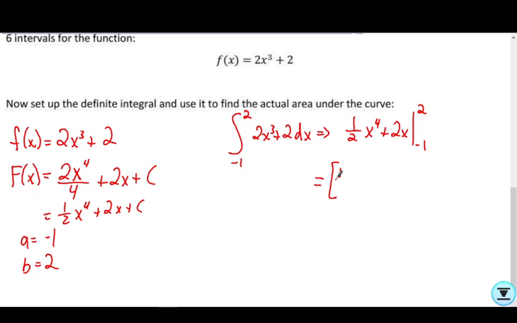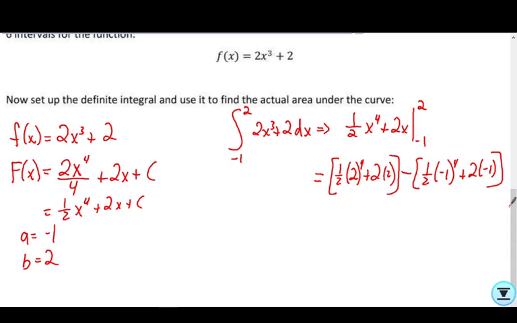So I'm first going to take my antiderivative and plug in 2 minus the same one when I plug in -1. Okay? And here you're going to get 8 plus 4 minus, this is 1/2 minus 2.